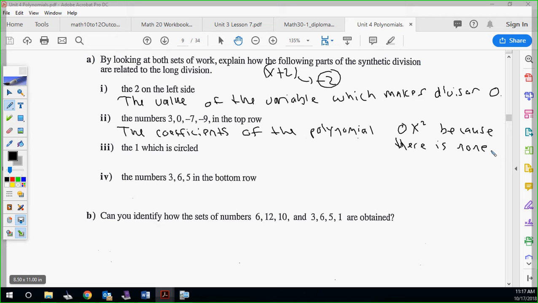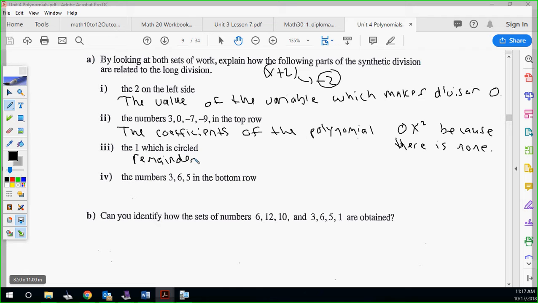The 1 that's circled represents the remainder. That means it didn't come out cleanly. We'll talk about what the remainder means, but it means that that 0 is not a perfect 0.